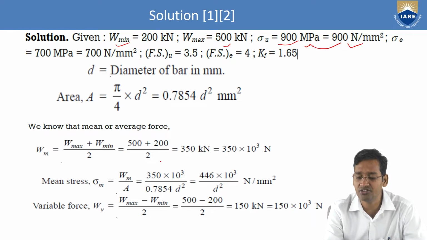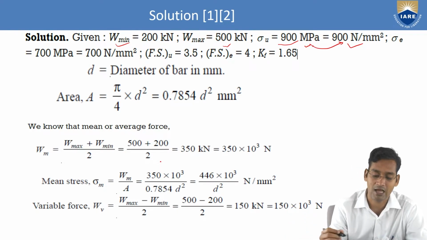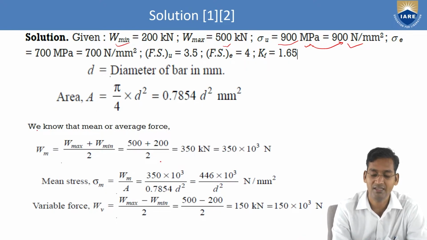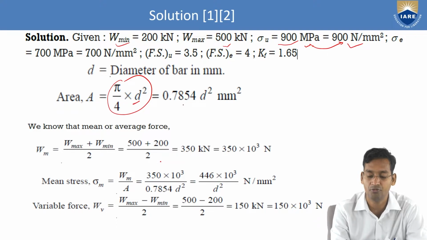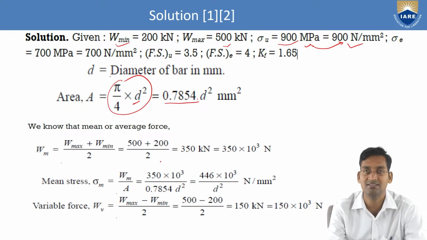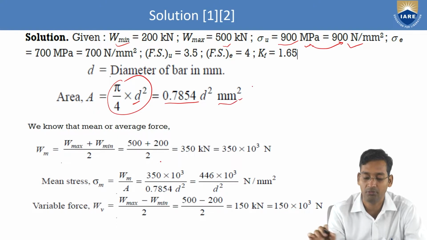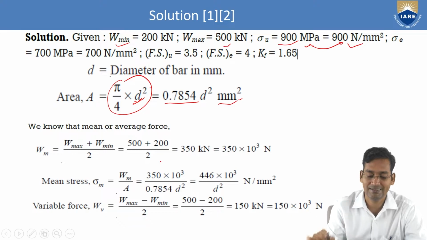After converting this, you will get 900 Newton per mm square. Similarly, area will be what? In terms of d, pi by 4 d square. Once you find pi by 4, you will get 0.7854 d square. And now in terms of mm square we are finding this d.